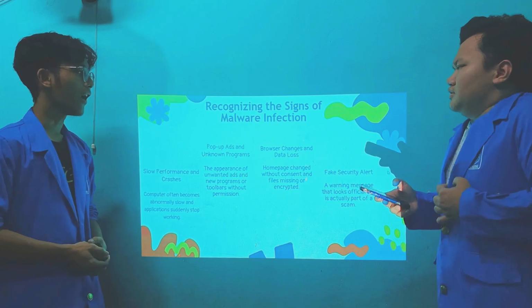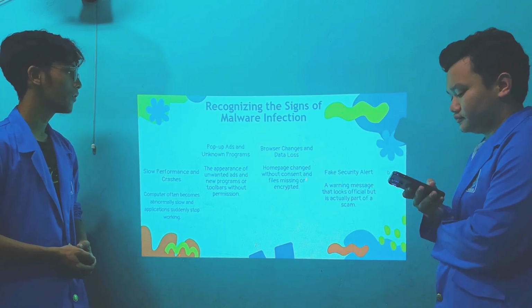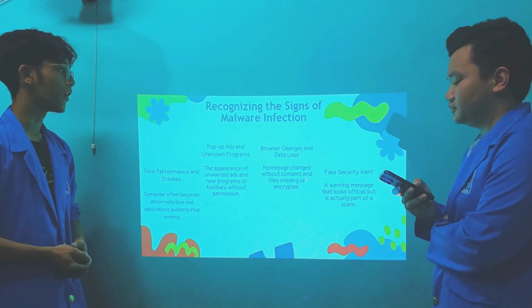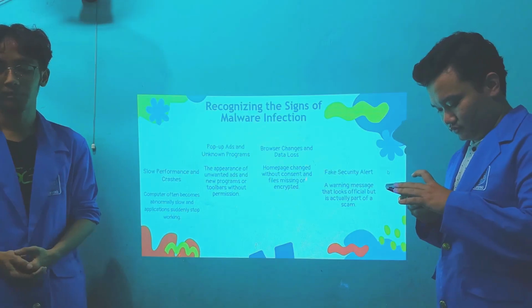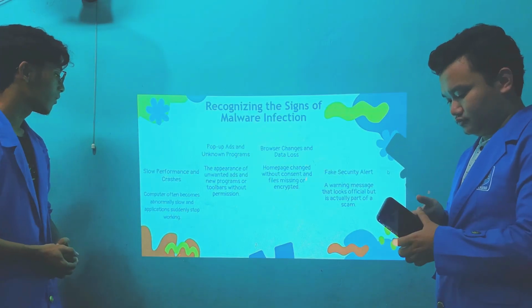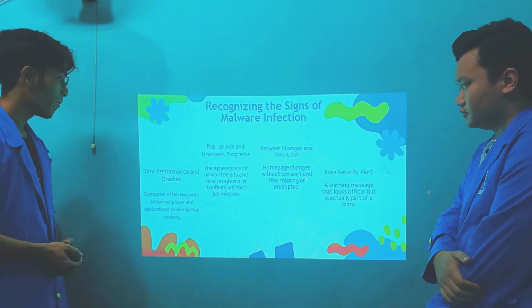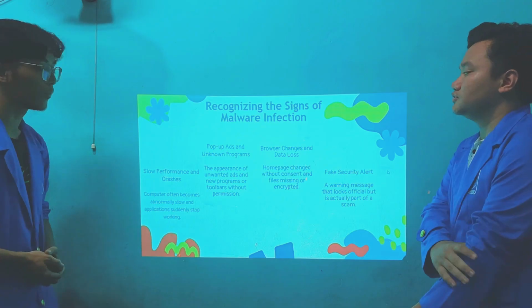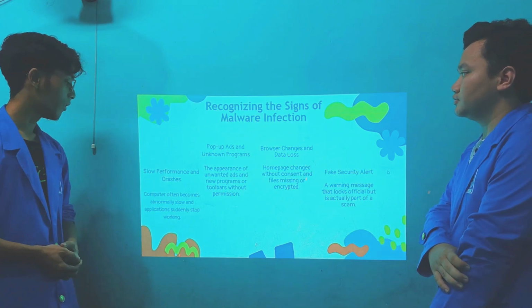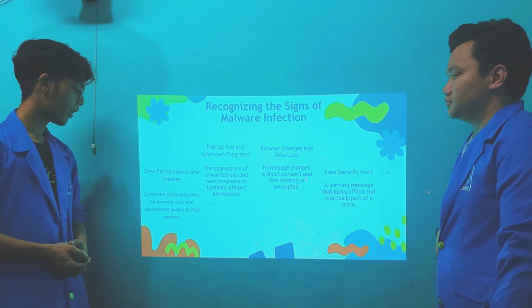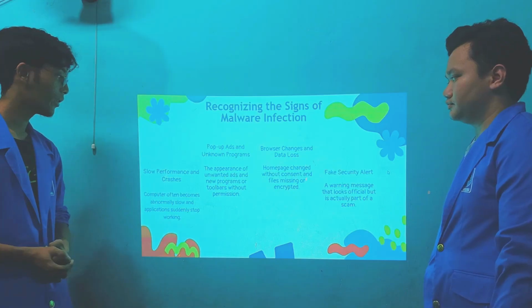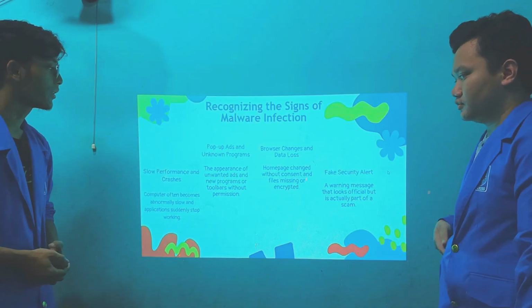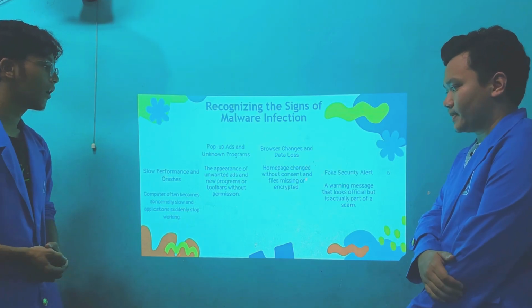And the third slide will talk about recognizing the signs of malware infection. The first, slow performance and crashes. The computer often becomes abnormally slow and applications suddenly stop working. Second, pop-up ads and unknown programs.